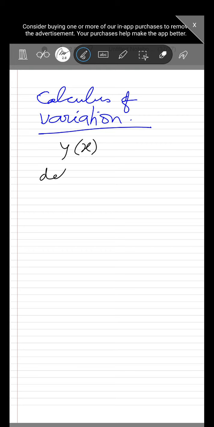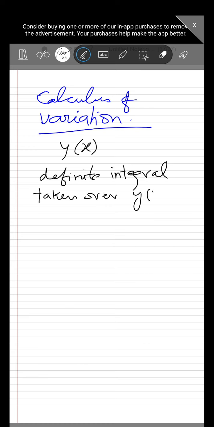A definite integral taken over y(x) will be an extremum, that is either minimum or maximum.